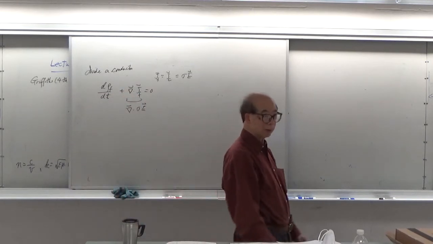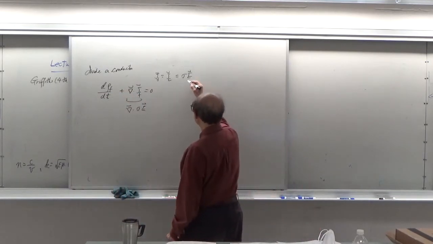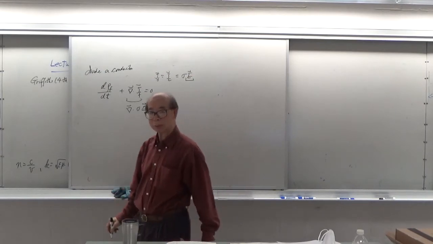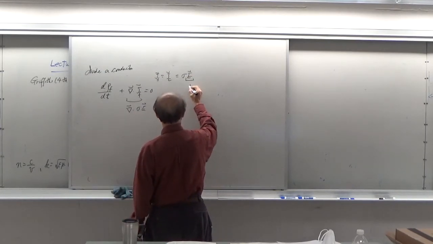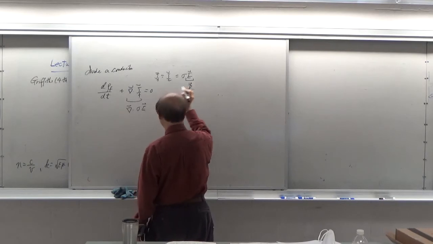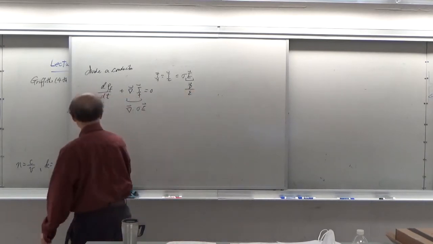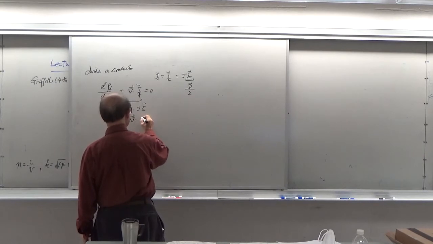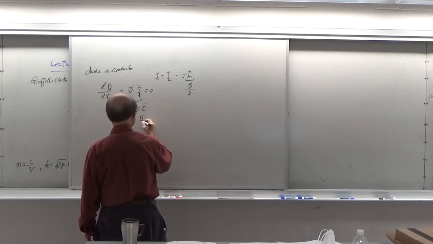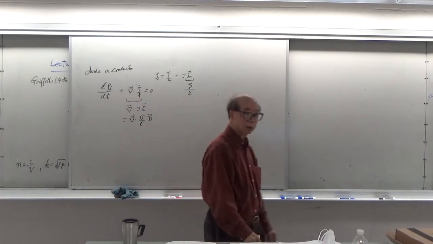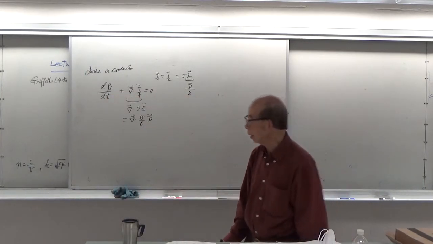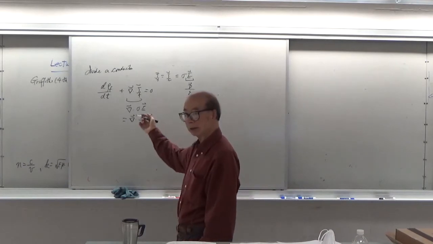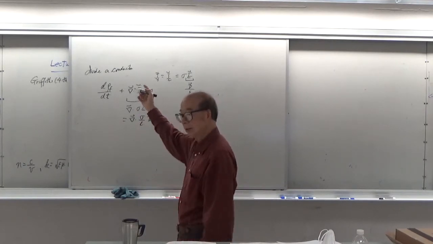But you also recall that the electric field E is related to the electric displacement D by D divided by the permittivity. So that this is equal to divergence of sigma over permittivity D. Now let's talk about a homogeneous conductor.